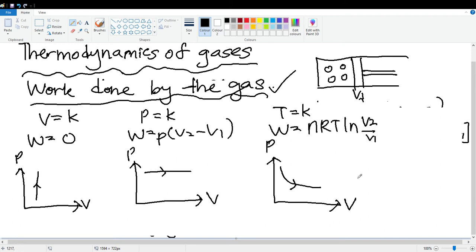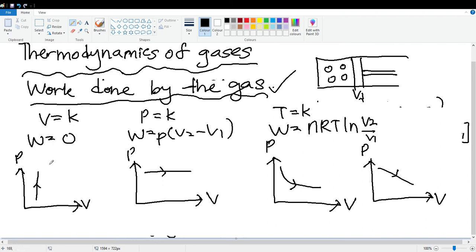This arrow is important, which means that the gas moved from V1 to V2. As for the second graph, it's actually a straight line. So these are the conclusions for all three conditions, including the graph.